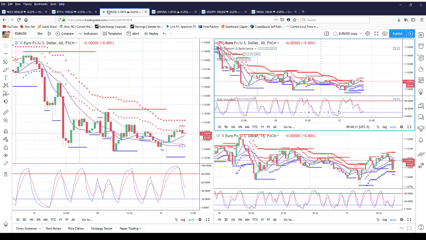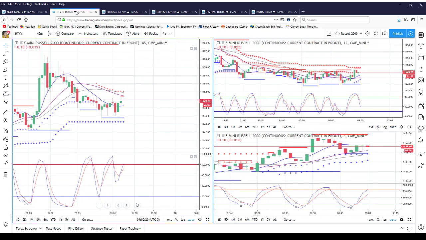Let's go and look at the euro. Don't really like that one. And so you can see the same concept over here on the E-mini Russell. Okay, you're getting to the point of being overextended here, and it's gone back to test this moving average.